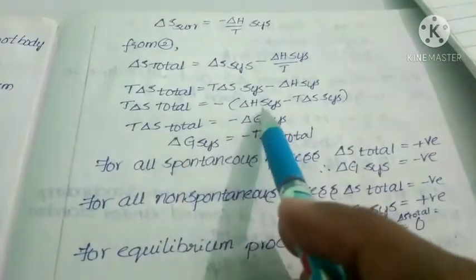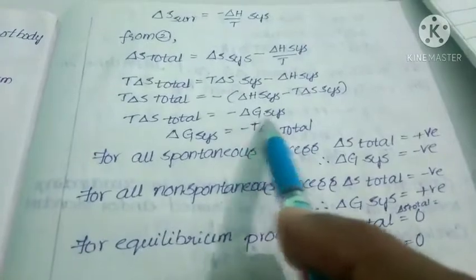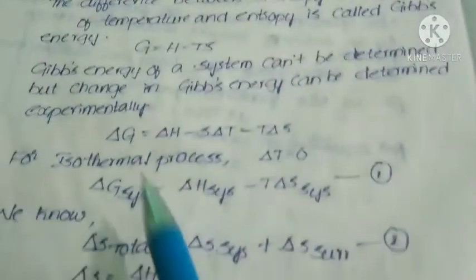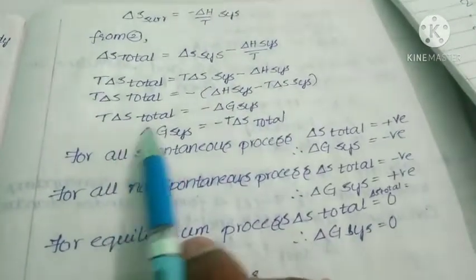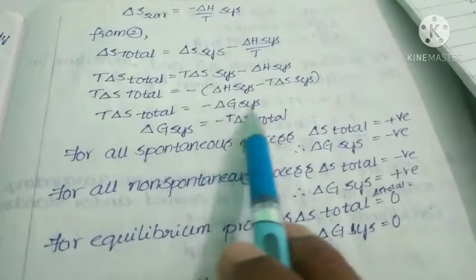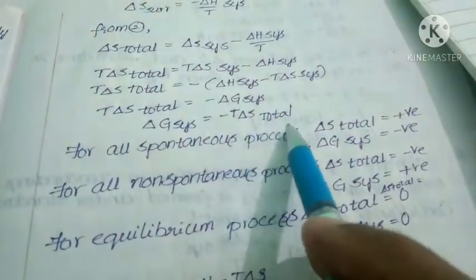Finally, this delta H system minus T delta S system will be equal to delta G system, because we have already seen delta G system equal to delta H system minus T delta S system. If you substitute this value in this equation, finally we get T delta S total equal to minus delta G system. So delta G system is equal to minus T delta S total.